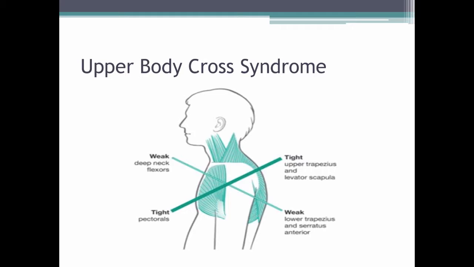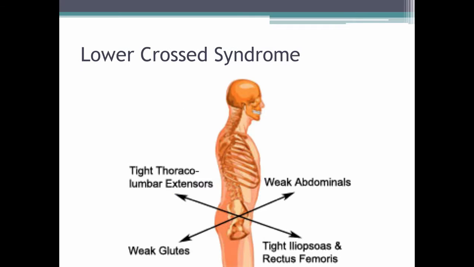With these folks, we want to strengthen one side and stretch the other. So we're going to stretch the pecs and the upper trap and the levator, and we're going to strengthen the deep neck flexors and the lower trap and the serratus. We also have a lower crossed body syndrome happening at the pelvis. So the same type of thing.